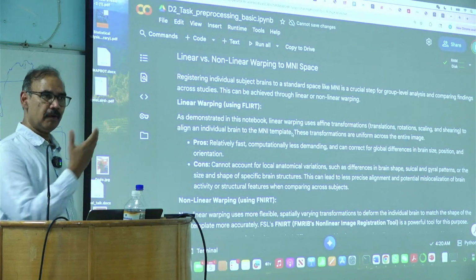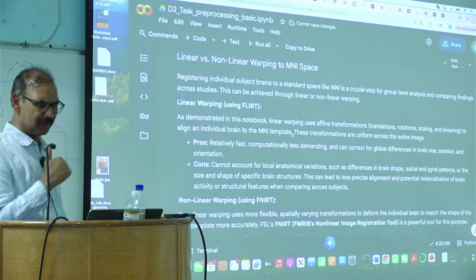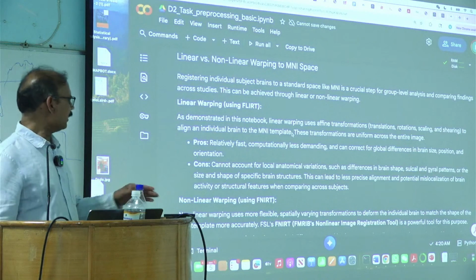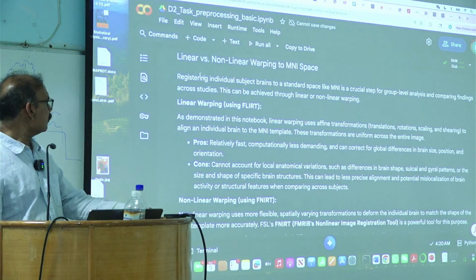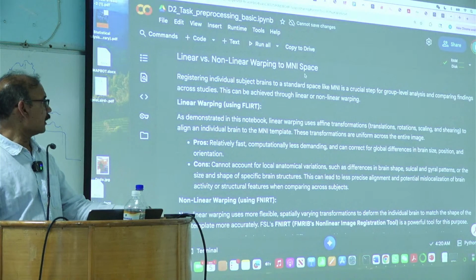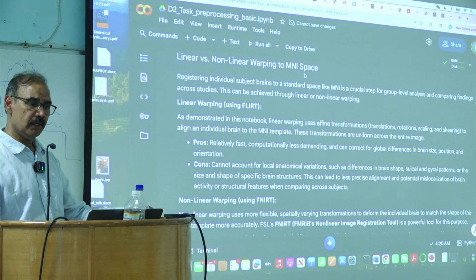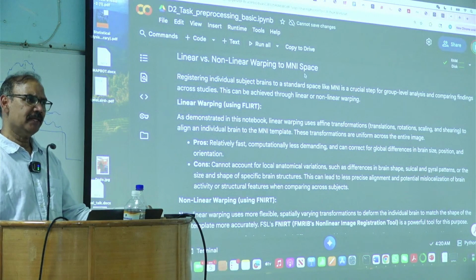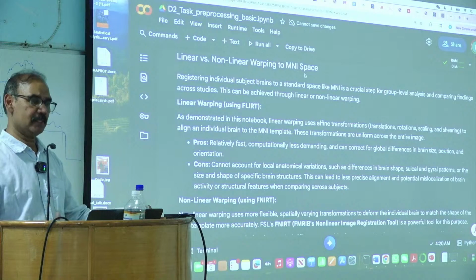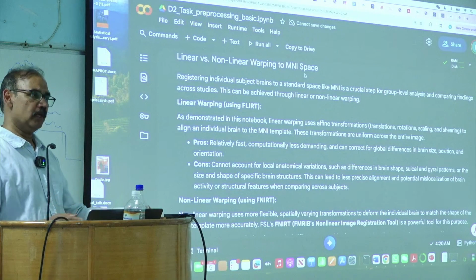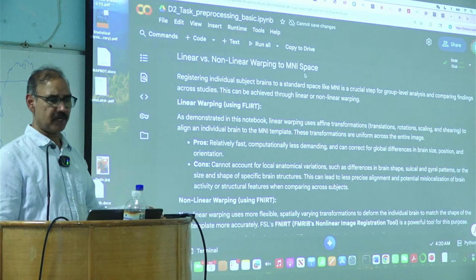I don't think we'll have time, but there are both linear and nonlinear warping schemes for MNI space. I typically like to use linear because going back and forth is fairly straightforward.